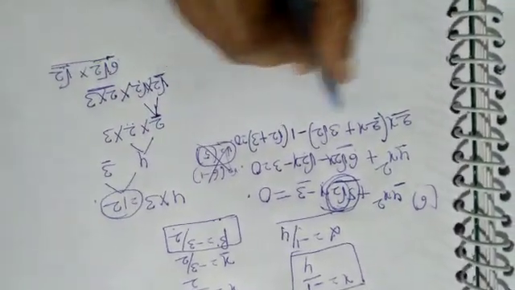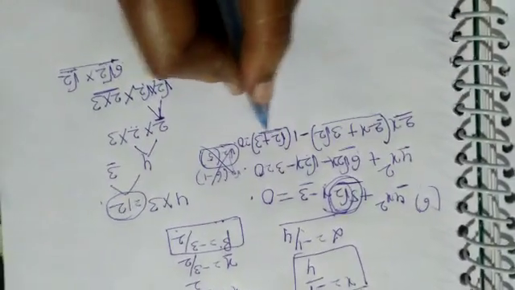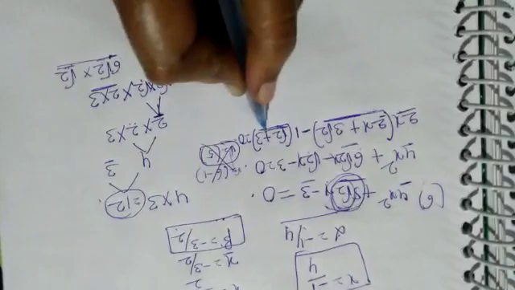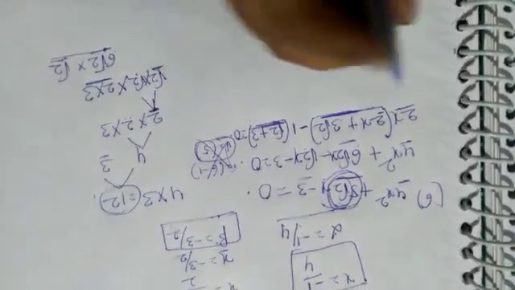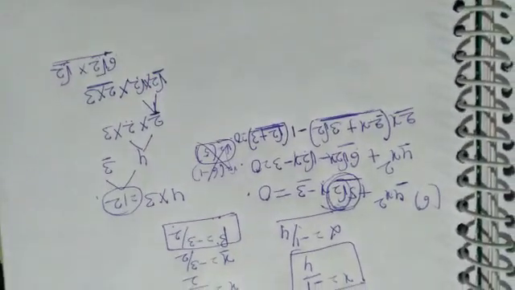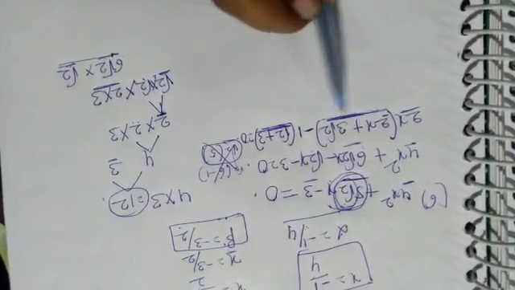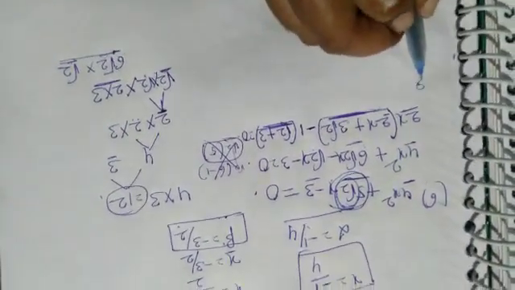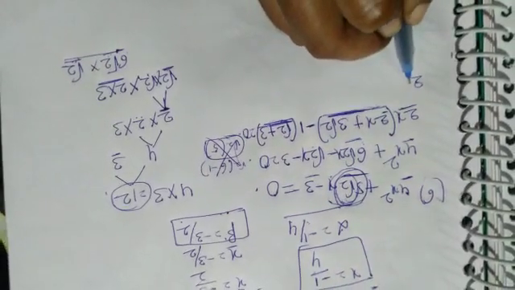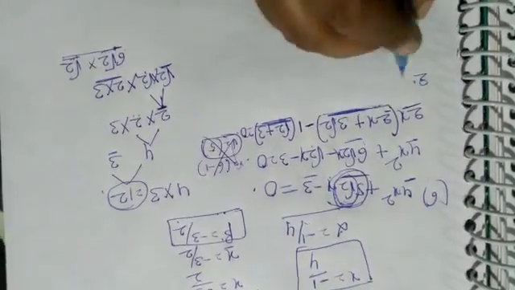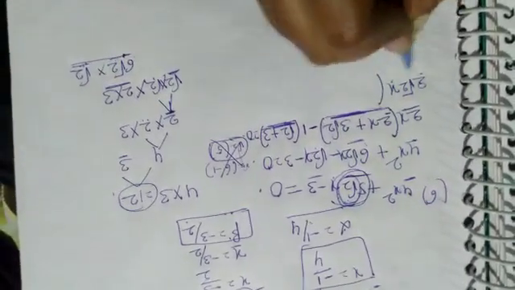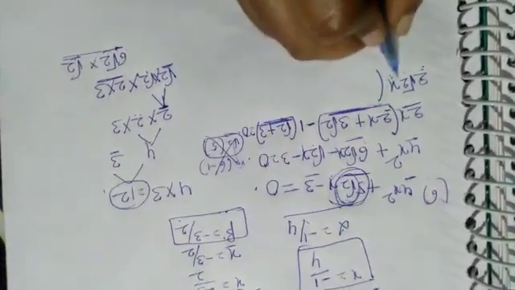Here see these brackets. In brackets both are not the same, both are not equal. So we have to make these two equal. Here root 2 is common: 2 root 2 x is common.